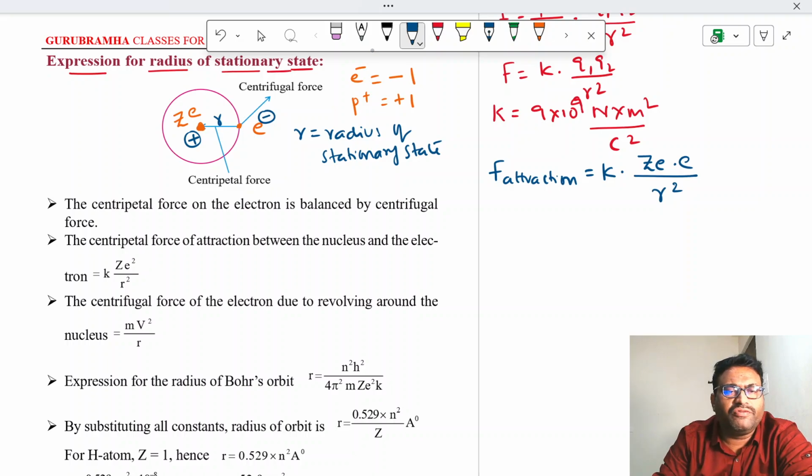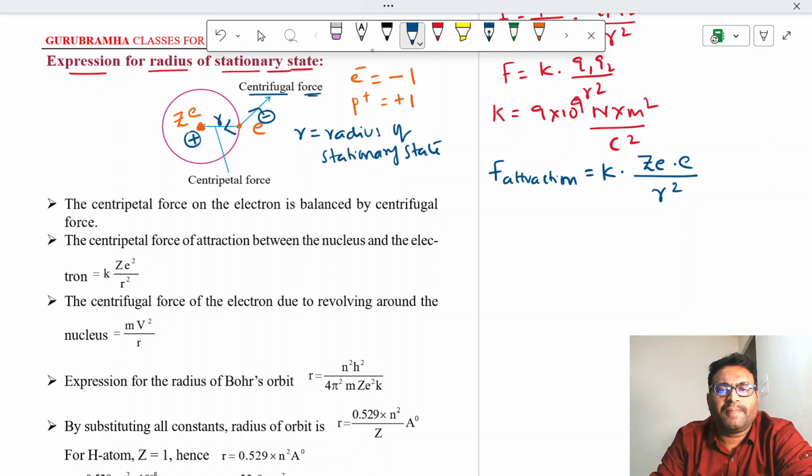Any body moving in a circular path experiences two types of forces. One is the force toward the center, called the centripetal force, and there is another force away from the center, called the centrifugal force. This inward force is called centripetal force and the outward force is called centrifugal force.